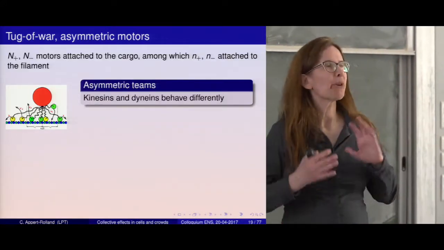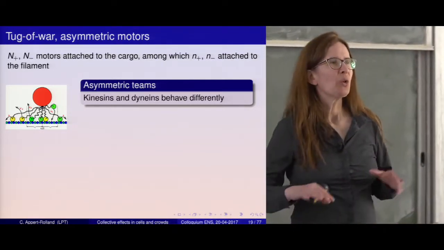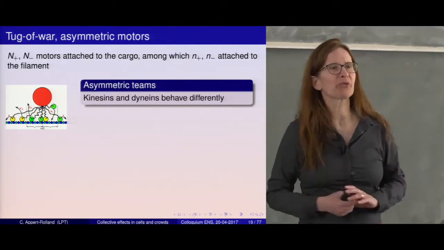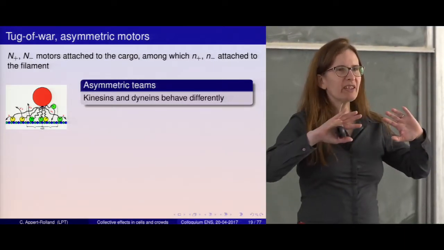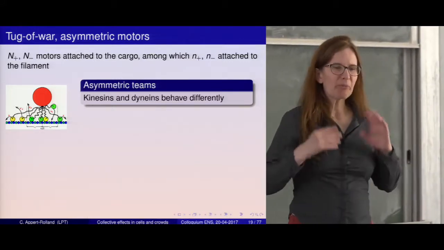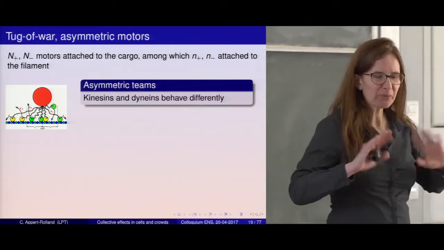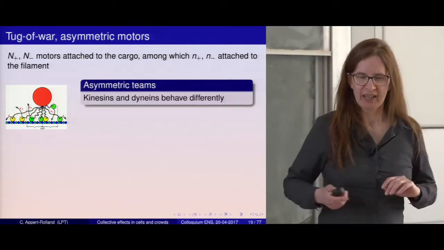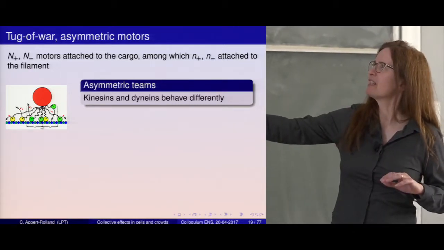In order to compare with realistic experiments, we have to go a little closer to reality. Until now, I considered symmetric teams to be able to compare with this mean field model. But an important piece of information is that the two types of motors are not symmetric. These families are mostly called kinesin and dynein.